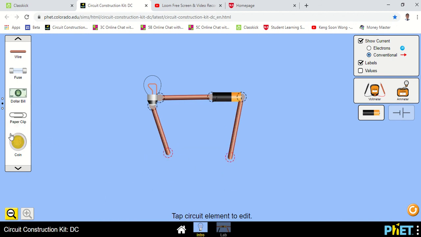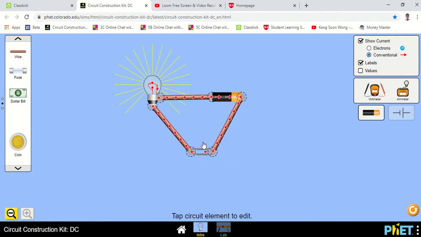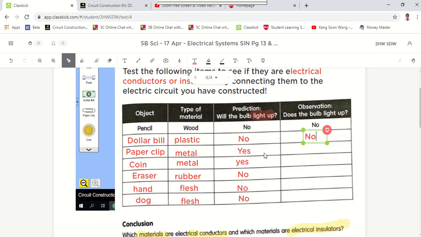Connect to the paperclip, and you realize the light bulb lights up. Paperclip, metal, electrical conductor, means electric current can flow through, light bulb will light up. Okay, so for paperclip, answer is yes.